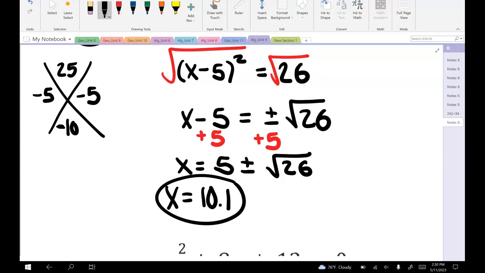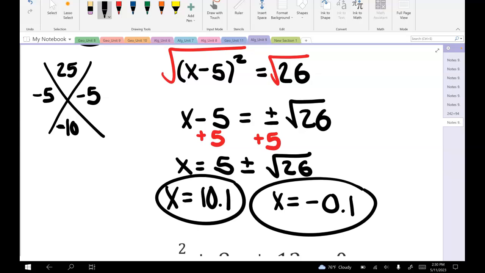And then you take 5 minus the square root of 26, and that gives you your second answer for x. So x is equal to negative 0.1 would be your other answer. So again, for quadratics, you can get two answers, one answer, or no solution. In this case, we have two answers.